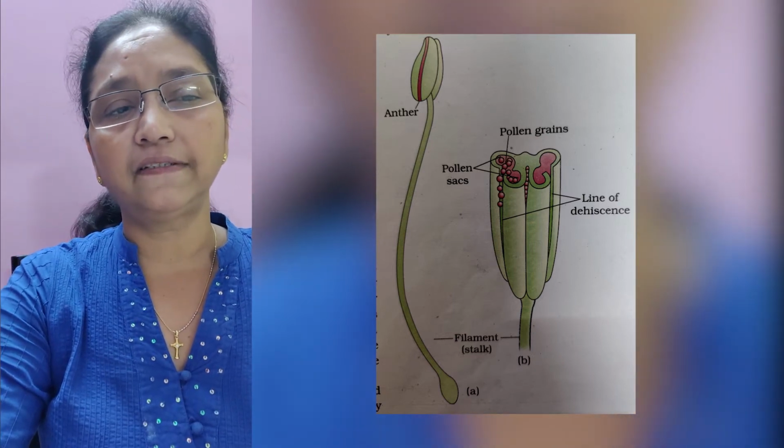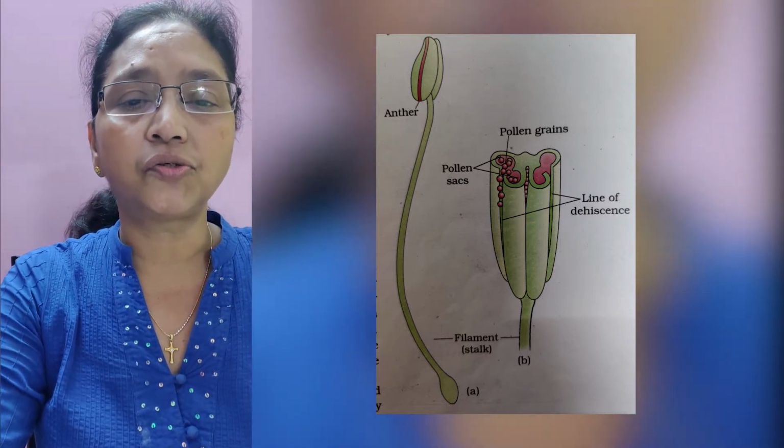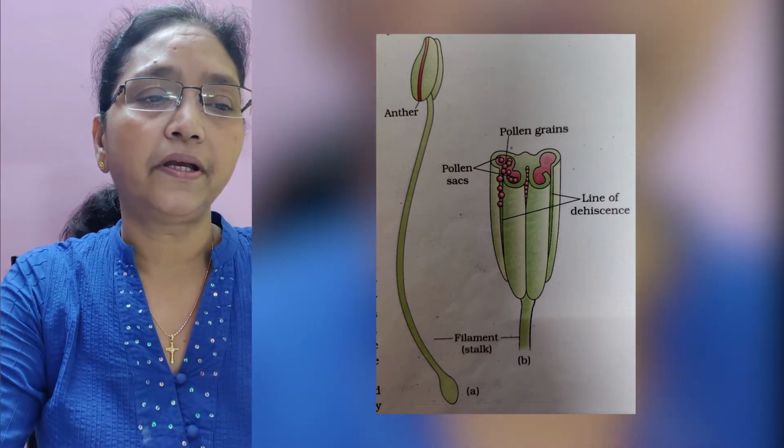And the filament is attached to the thalamus, or it may be attached to the petals. The number and the length of stamens vary in different species. In flowers, the stamens show a wide range of variations in their arrangement and attachments.